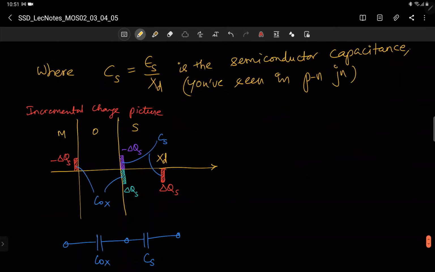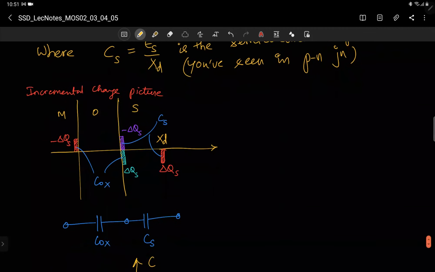So now let us revisit the incremental charge picture. You have minus Qs here, plus Qs here at xd. You can introduce plus delta Qs and minus delta Qs at the interface charge. Now combine this minus delta Qs here with plus delta Qs. Take these two plus and minus charges and they give you Cox. And just on top you have put minus delta Qs, so you are still neutralizing charge.